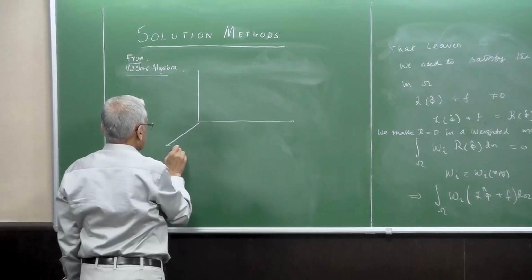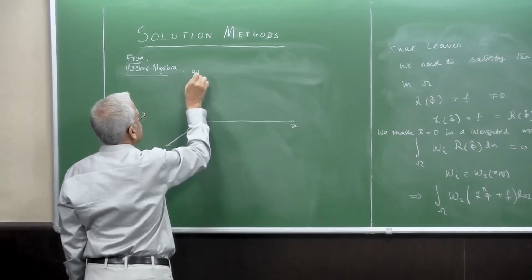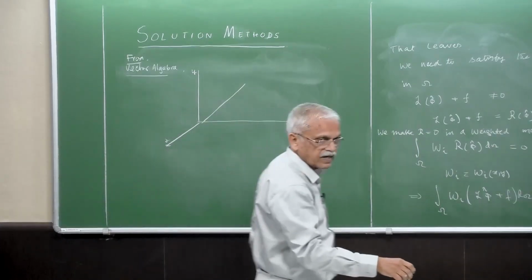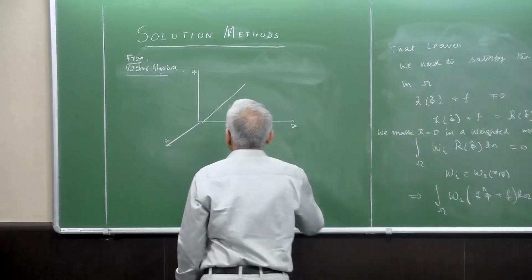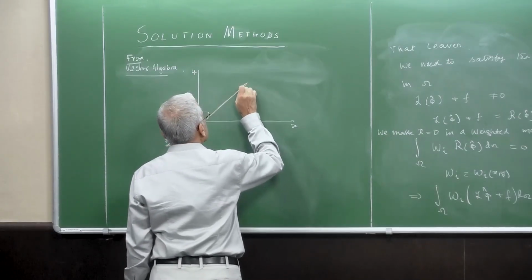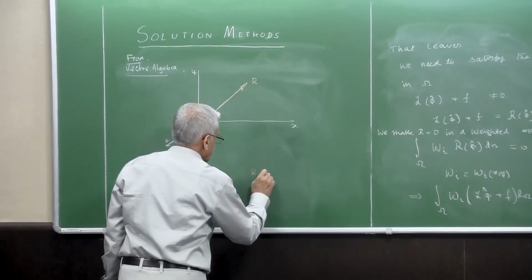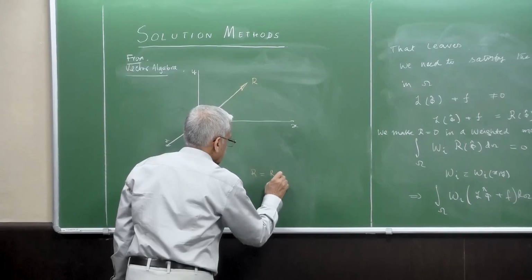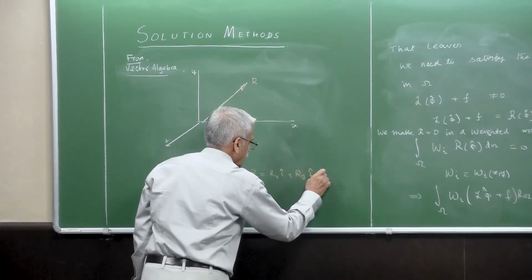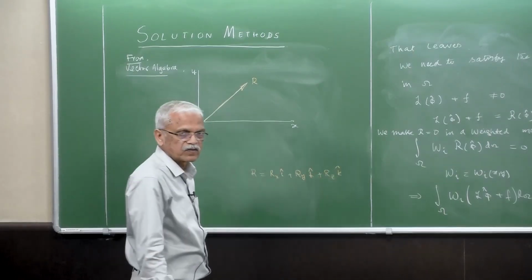Let us say that we have a three-dimensional space, and a vector here, we call it R. So R here, say it has components Rx, Ry, Rz.